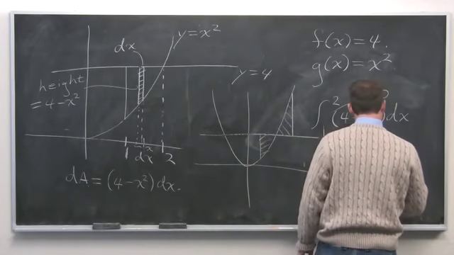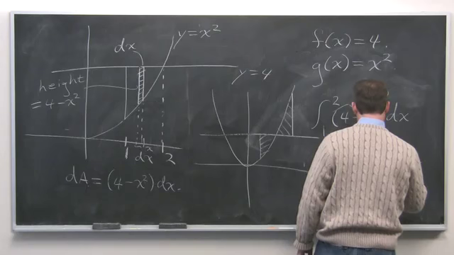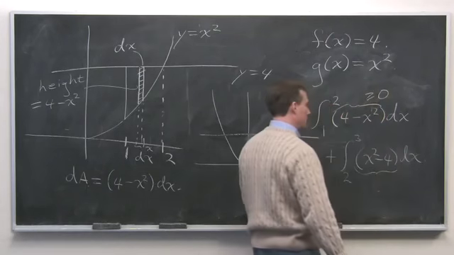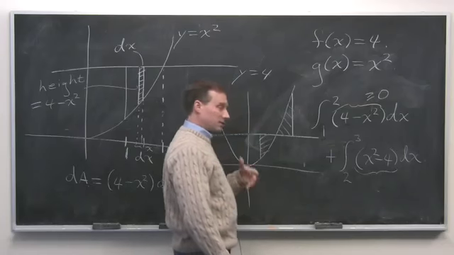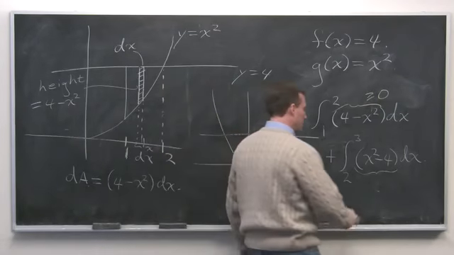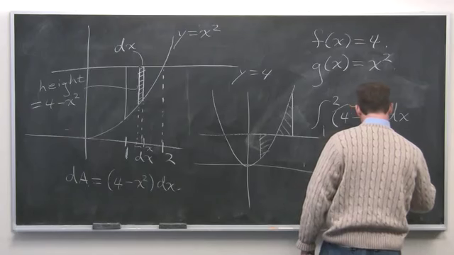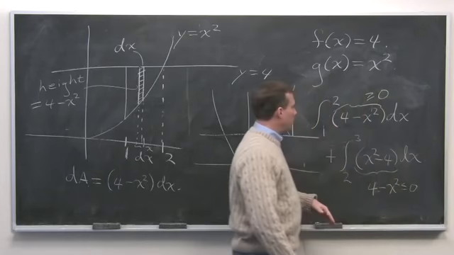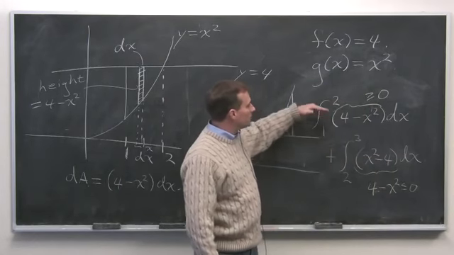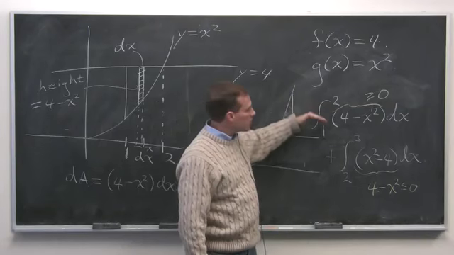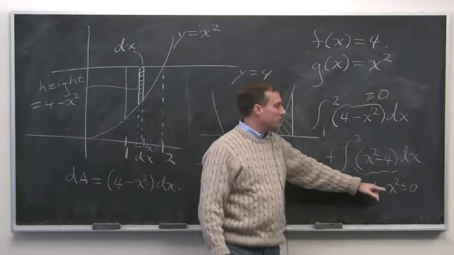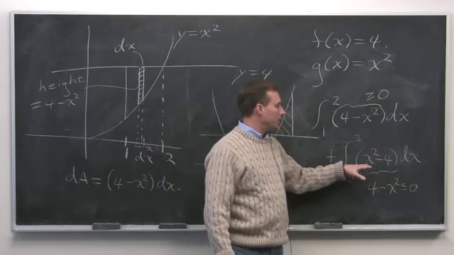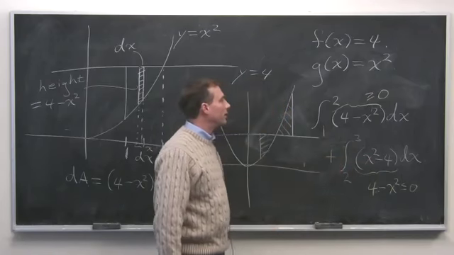In this, we used x squared minus 4 when x squared minus 4 is greater than or equal to 0. What's the same thing? This is when 4 minus x squared is less than or equal to 0. So if 4 minus x squared is greater than or equal to 0, you integrate 4 minus x squared. If 4 minus x squared is less than or equal to 0, you negate it and integrate negative that quantity.